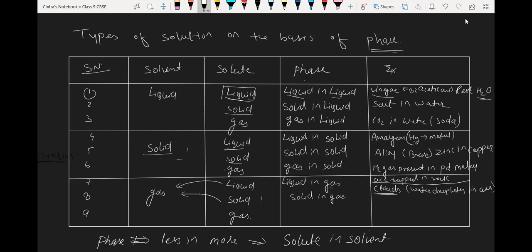Dew is that water vapors generally at morning time will condense and you will find them on the leaf. You don't know dew?